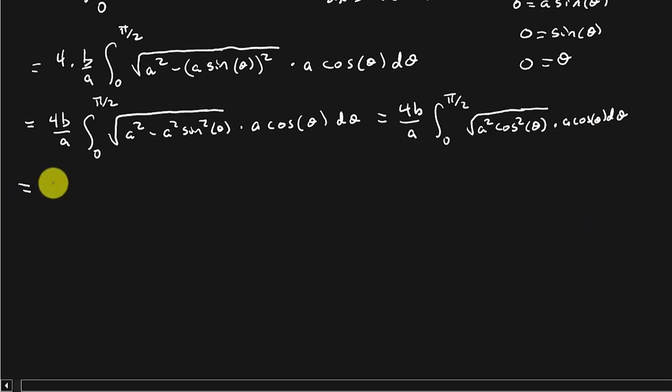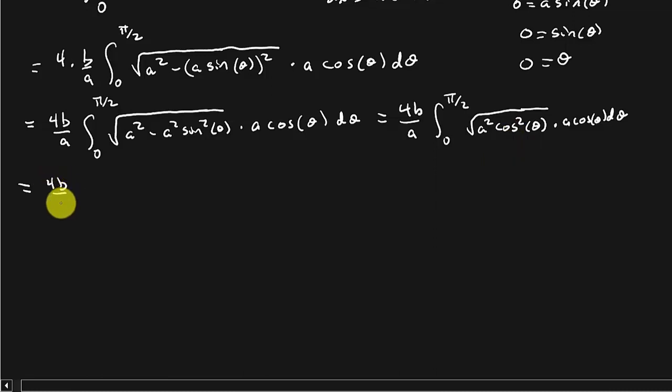Now the square root of this is a cosine theta, so I've got a cosine theta times a cosine theta. Yes, it's the absolute value of cosine, but we know we're between negative pi over 2 and pi over 2, so I can drop the absolute value and just put cosine theta, just like in that first problem.